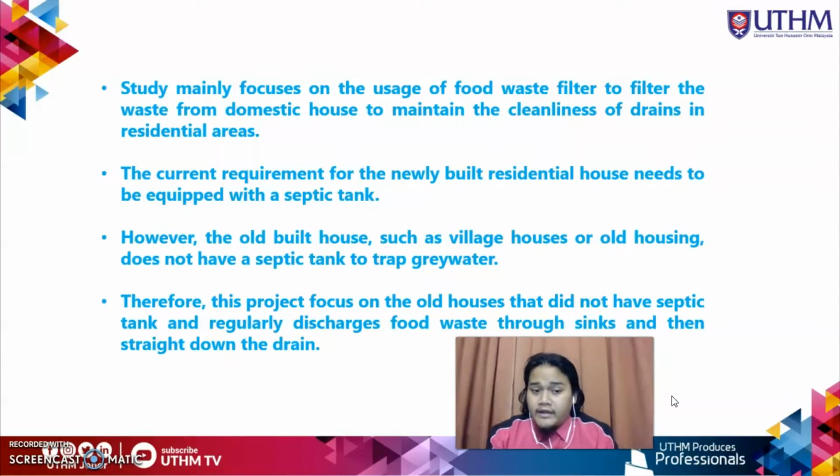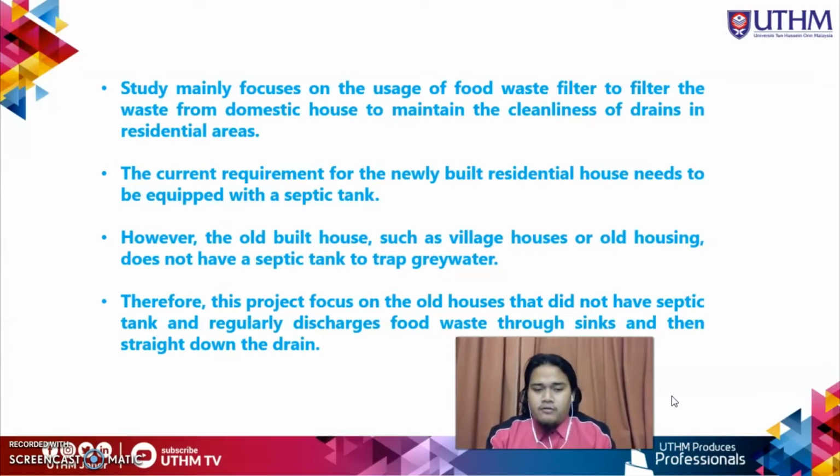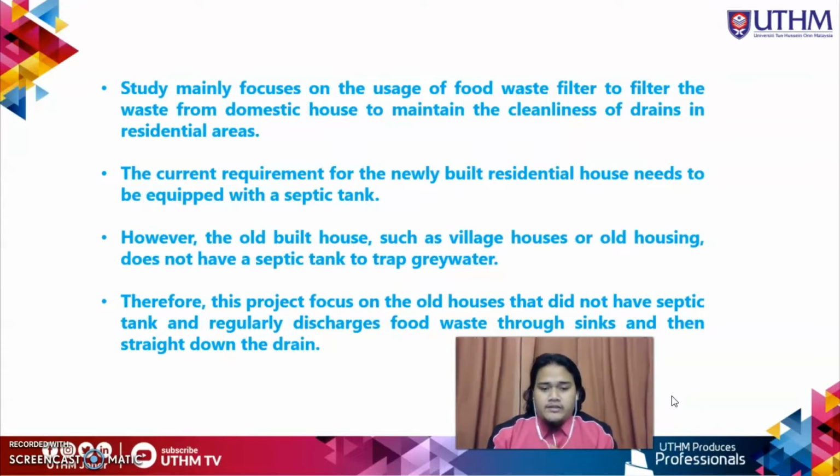However, old built houses such as village houses or old housing do not have a septic tank to trap greywater. Therefore, this project focused on old houses that did not have a septic tank and regularly discharged food waste through sinks and then straight down to the drain.